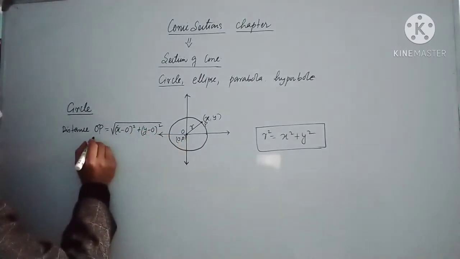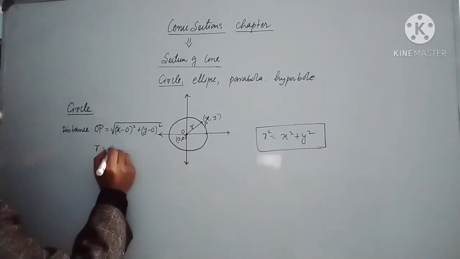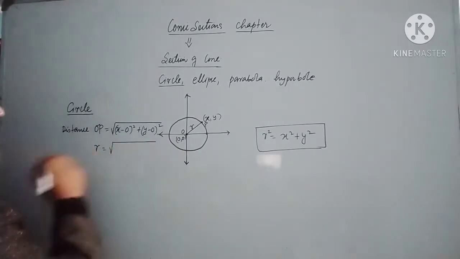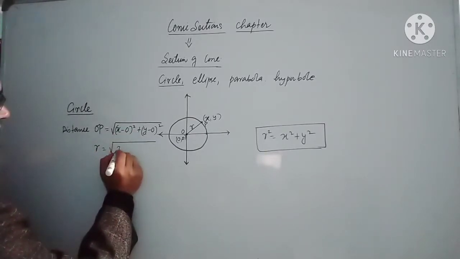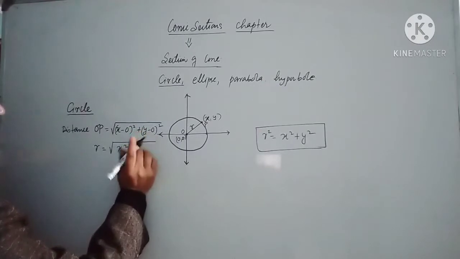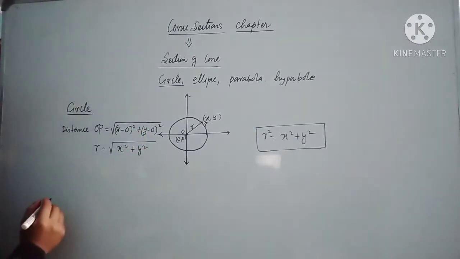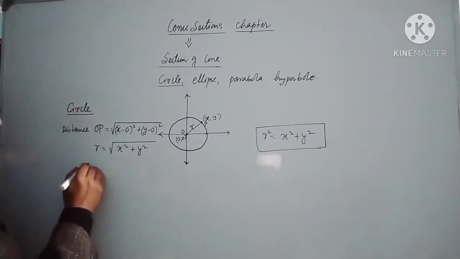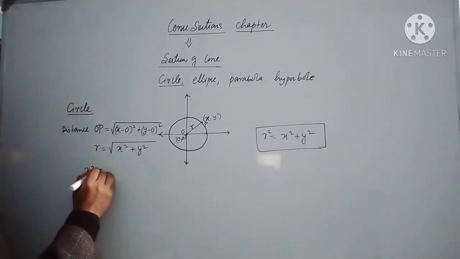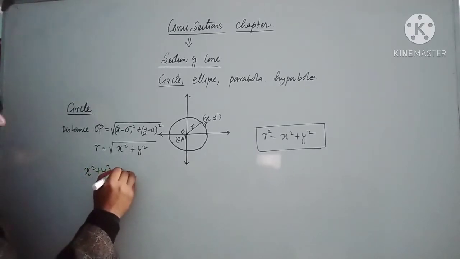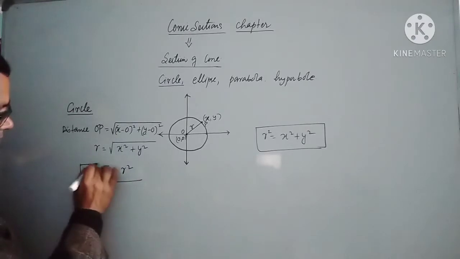So OP is r. This equals root under x minus 0 whole square is x square, y minus 0 whole square is y square. Squaring, we get x square plus y square equals r square. Now this is the equation of circle.